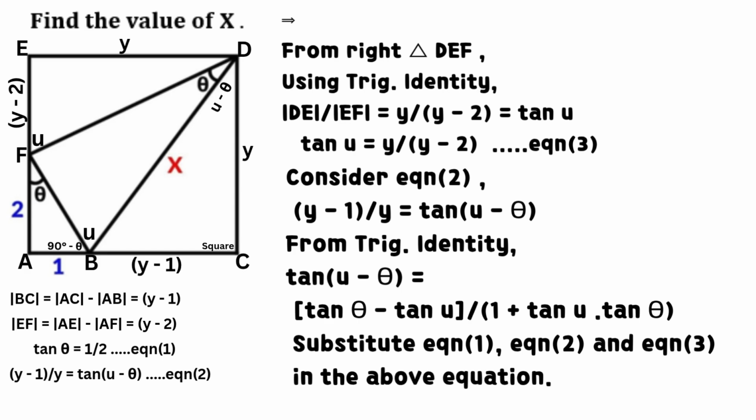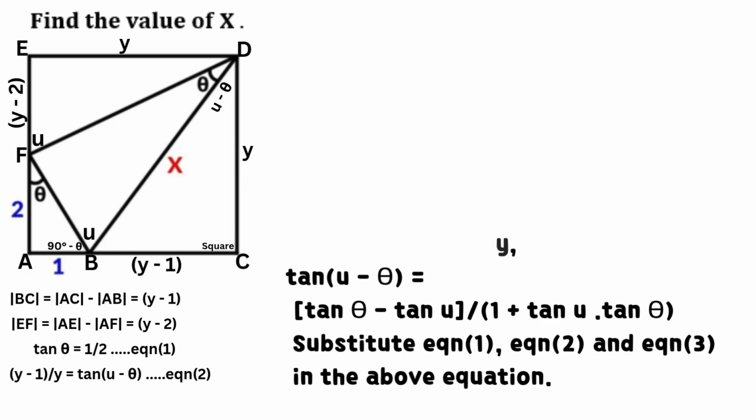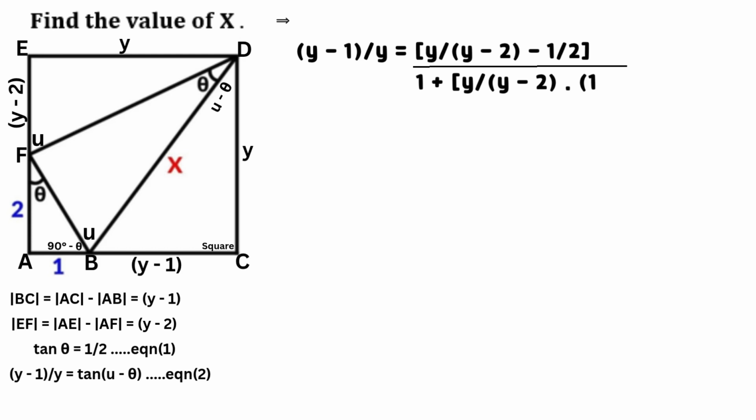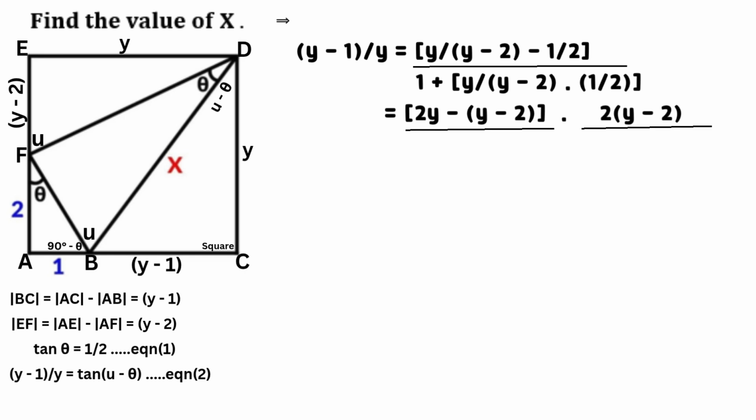Substitute equation 1, equation 2, and equation 3 in the above equation. (y minus 1) all divided by y equals [y divided by (y minus 2) minus half], all divided by [1 plus the product of y divided by (y minus 2) and half].